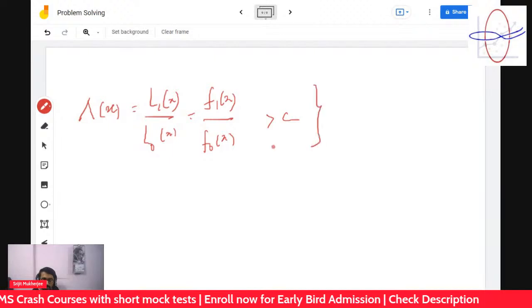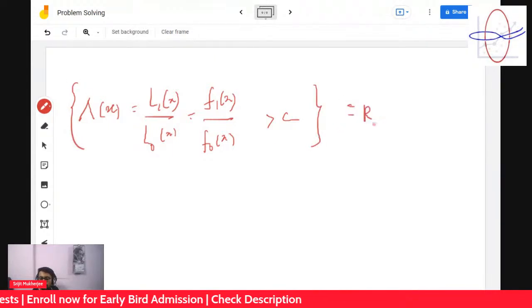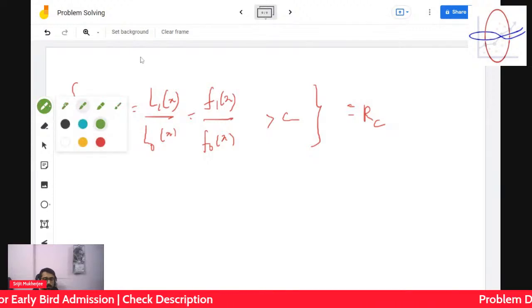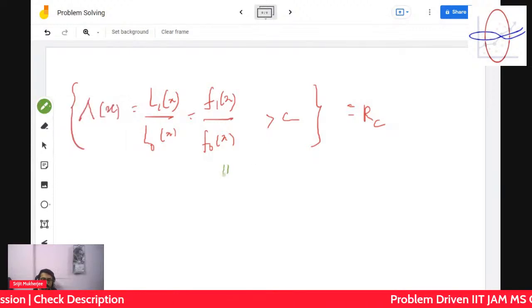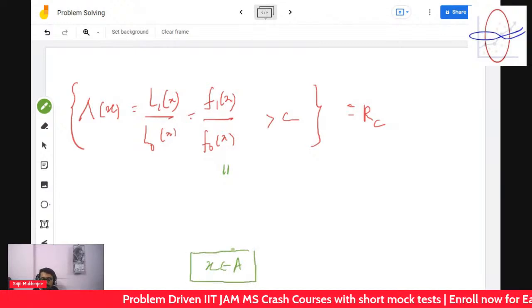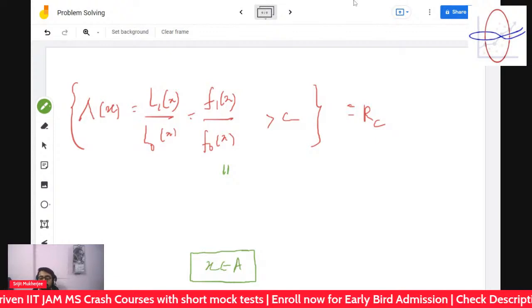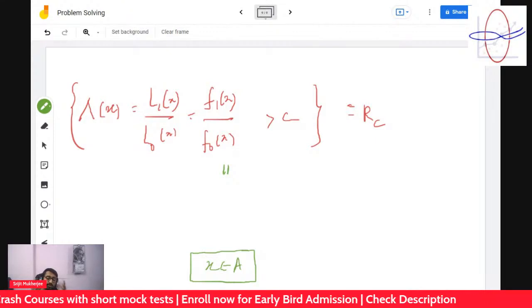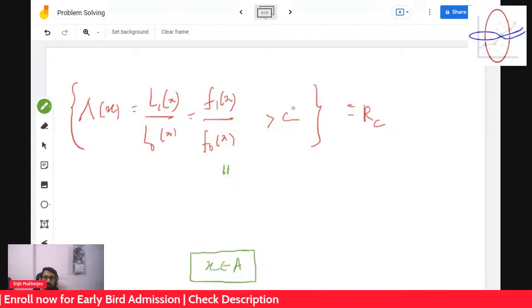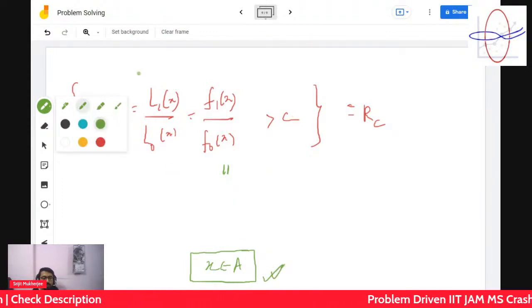Okay, this is the rejection criteria, right? They are trying to tell you that it's a mathematics problem. They are trying to write it in terms such that x belongs to some set in that format, because that will be easier to compute. Here previously it was x greater than c, so it was easier to compute. Similarly, here it will be easier to compute.